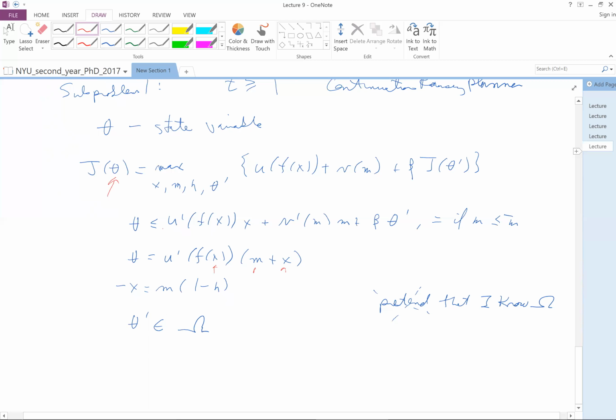And then as he adjusts X and M, that's going to affect this. And then he also can choose a continuation theta prime, but it has to belong to this set. Now that's the problem.